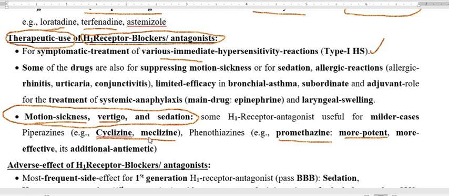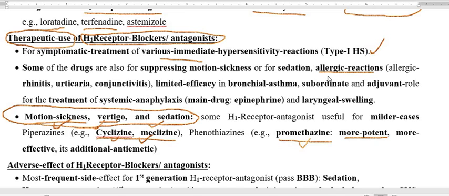So these drugs that we have mentioned, cyclizine, meclizine and promethazine, these three are used for motion sickness producing emesis, vertigo and sedation. In addition, other very important effects are for allergic reaction.